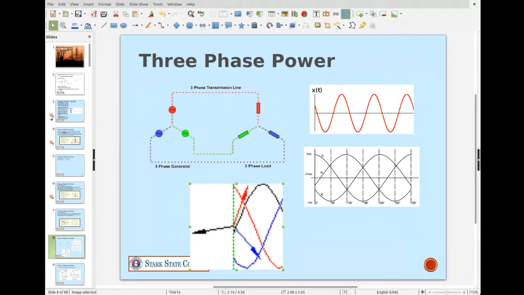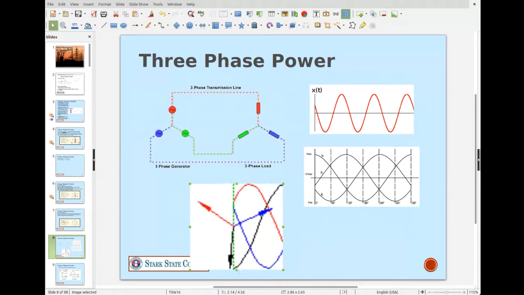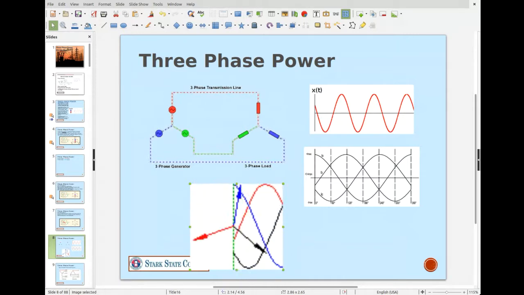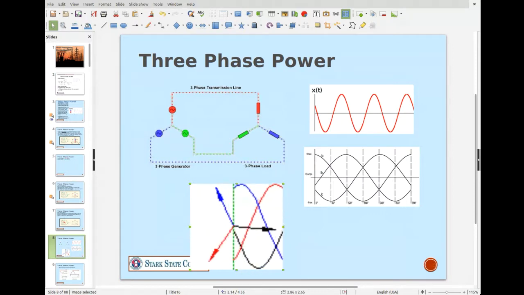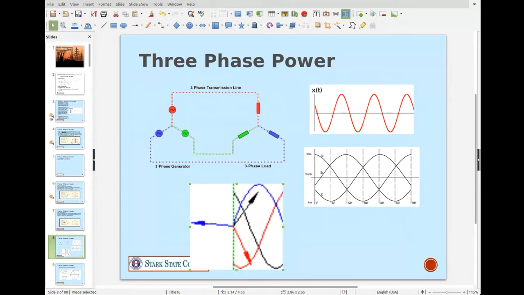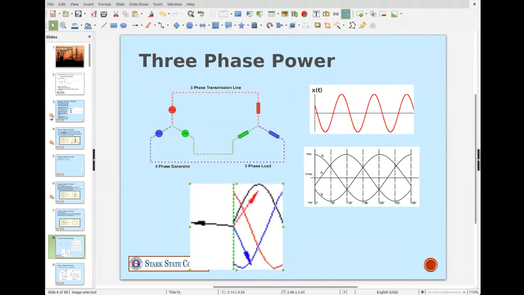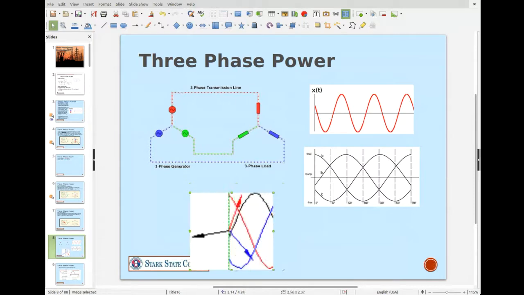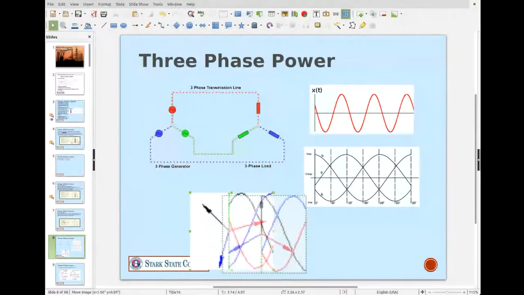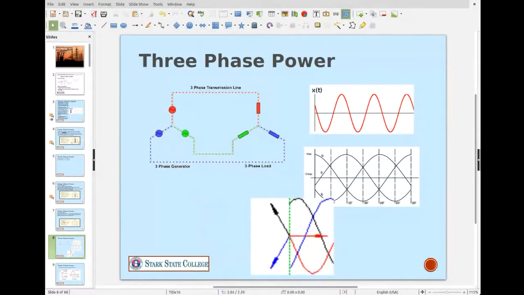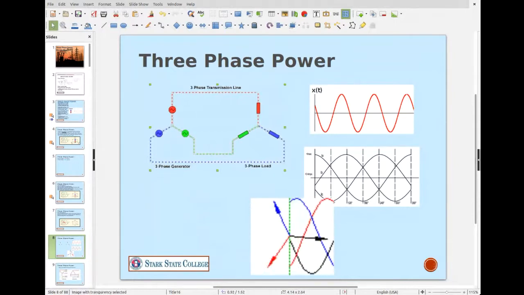It's actually got three coils in here, so it's generating them as they rotate around. You can see that these sine waves are being generated, but each sine wave is 120 degrees out of phase with the next one. And then this top one here, I can't seem to select it here.